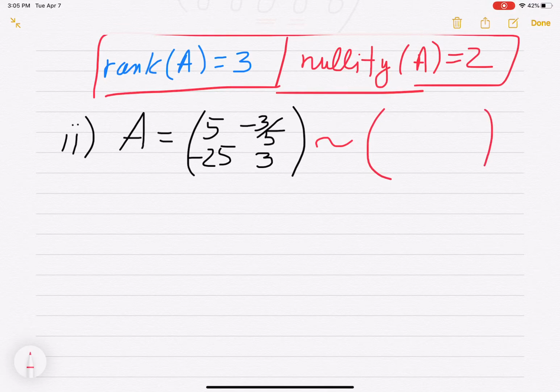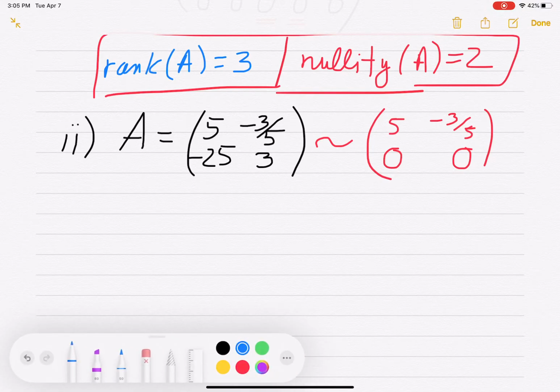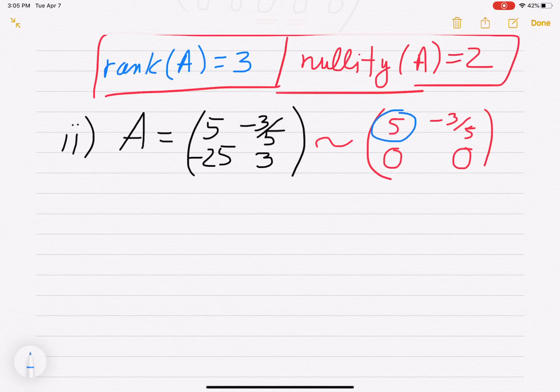So I can multiply the first row by 5 and add it to the second row, and I'll get 5, negative 3/5, 0, 0. If I multiply the first row by 5, I'm going to get 25, negative 3. If I add 25 and negative 3 to negative 25 and 3, I get 0, 0. We can see very clearly that we have a pivot in the first column, and that's it.